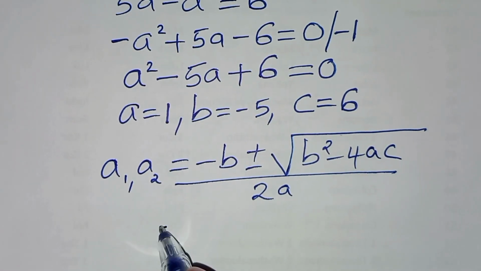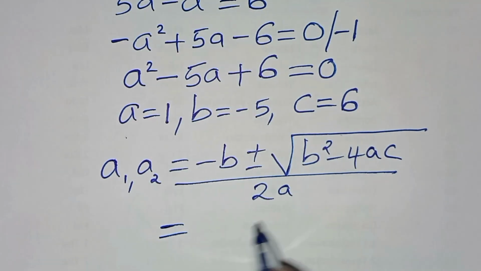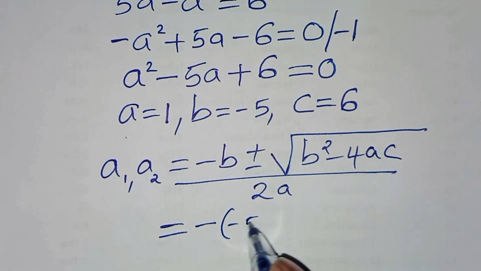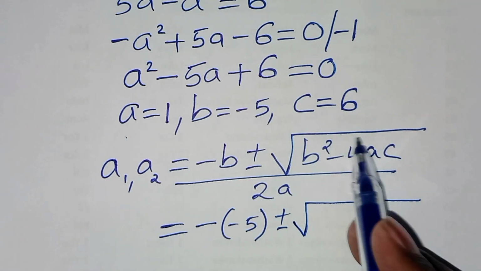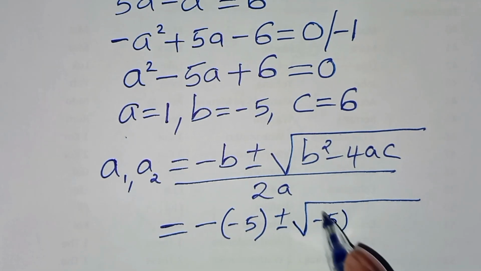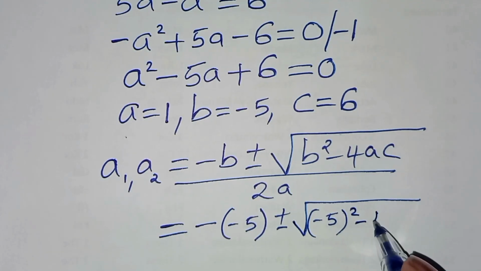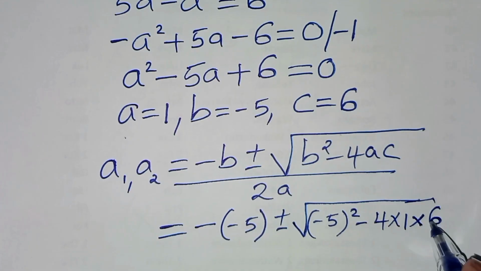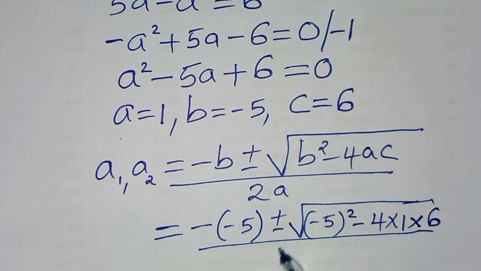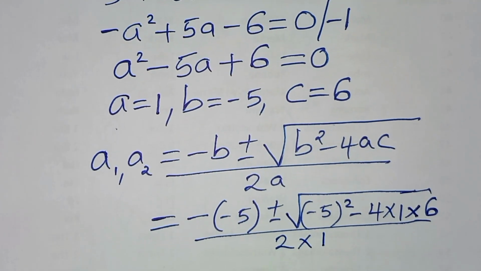So here, substituting the values of a, b, and c, we'll have minus 5 plus or minus the square root of b squared, in this case is minus 5 squared, subtract 4 times a, which is 1, times c, which is actually equal to 6, all this divided by 2 times a, which is 1.